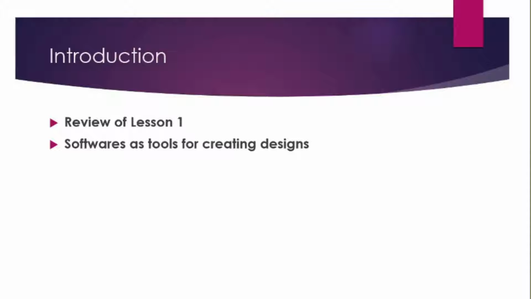For example, on YouTube, we have YouTube thumbnails. On Facebook, we have Facebook covers and Facebook ads. On Pinterest, we have pins, and there's so much you can create online. So that was just a review of the previous first lesson.